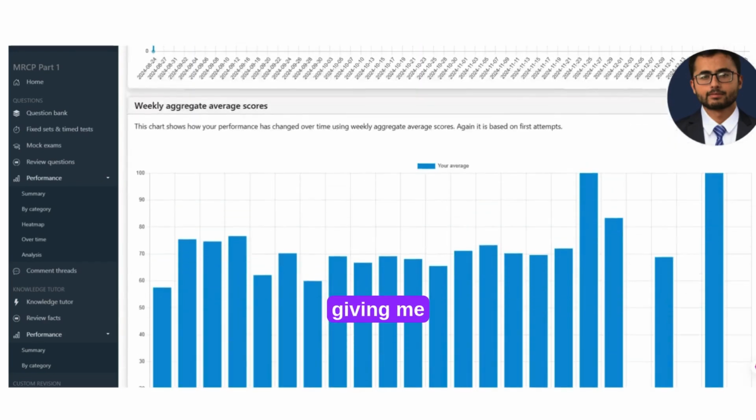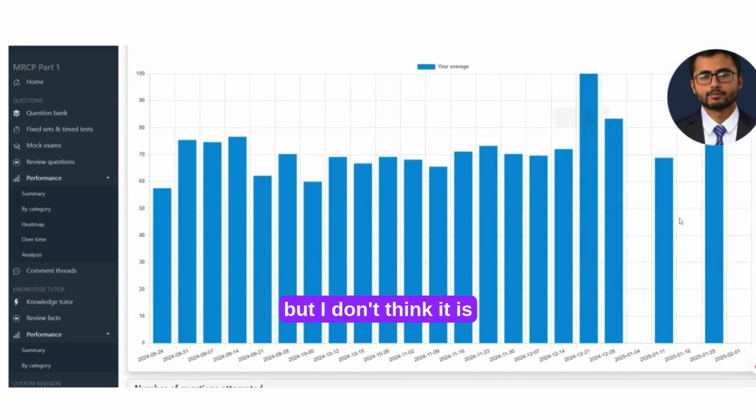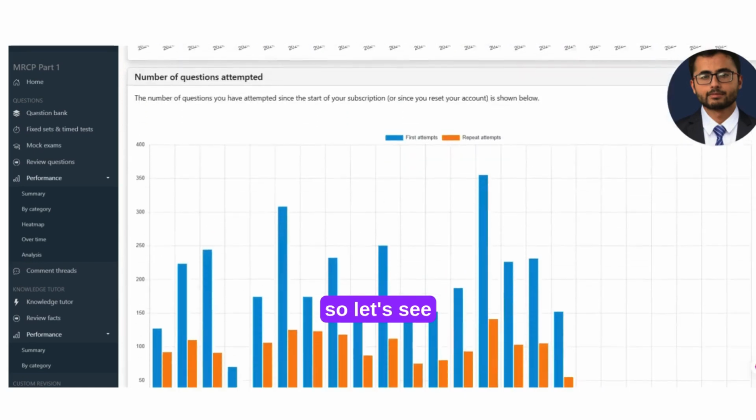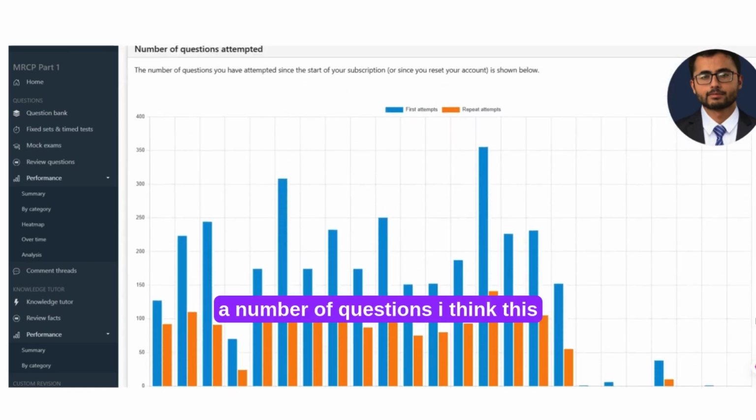This is giving me a weekly aggregate score, but I don't think it is very representative of my performance. For example, it is showing that I have done 100% of questions right in the week of 21st December, but actually I might have just attempted one question and got it right, and it is giving me the average of 100%.